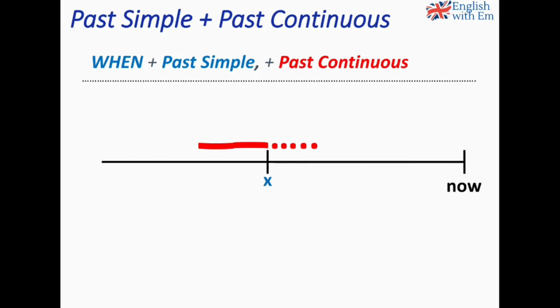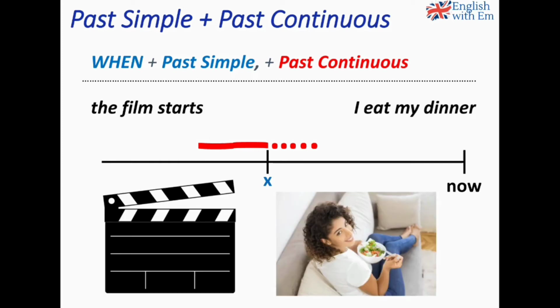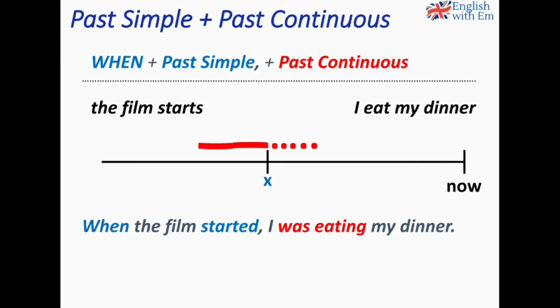Let's have another example. The film starts. I eat my dinner. So which of these actions is longer, eating my dinner or the film starting? Remember, we're not talking about watching the whole film. We're talking about the start of the film. When the film started, I was eating my dinner.